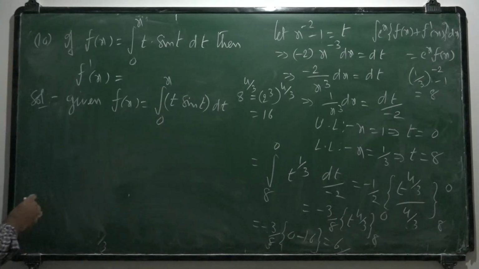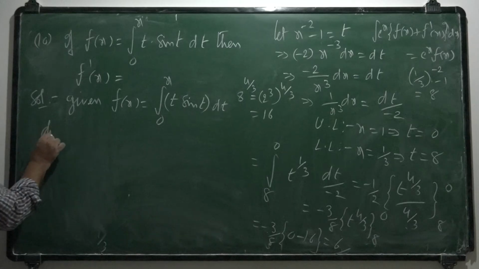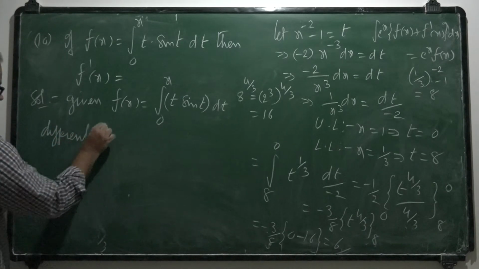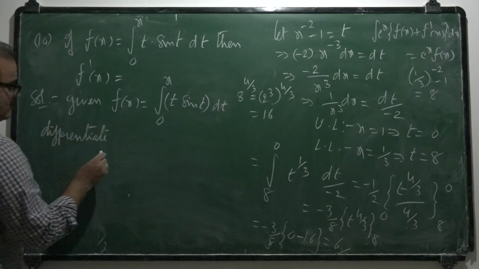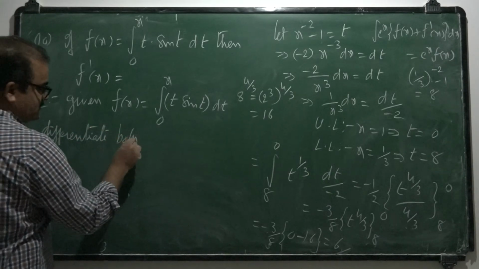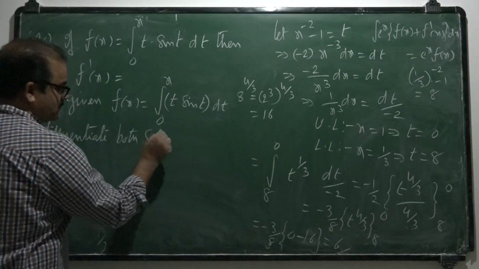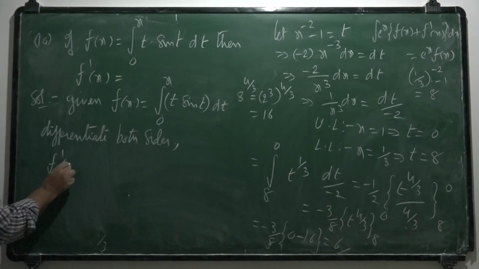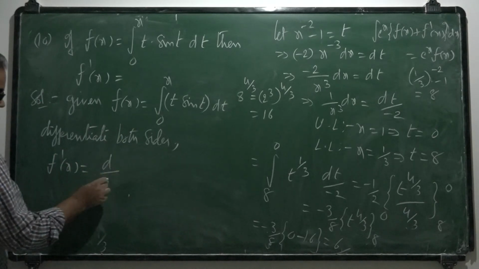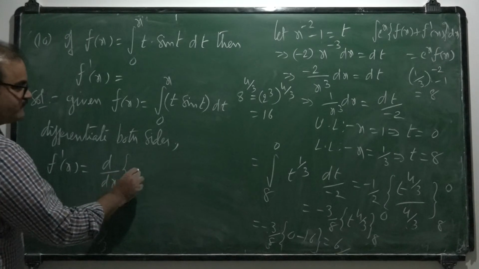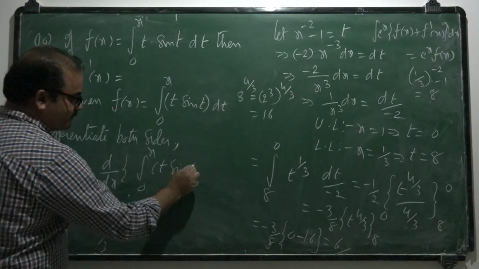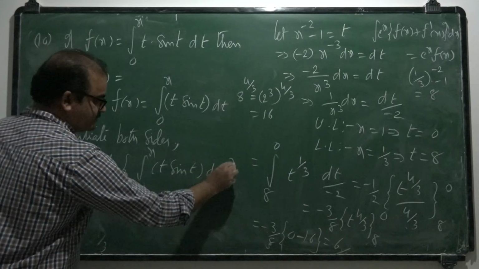Taking derivative on both sides, differentiate both sides with respect to x. d by dx of f x, f dash x is equal to d by dx of integral 0 to x t into sin t into dt.